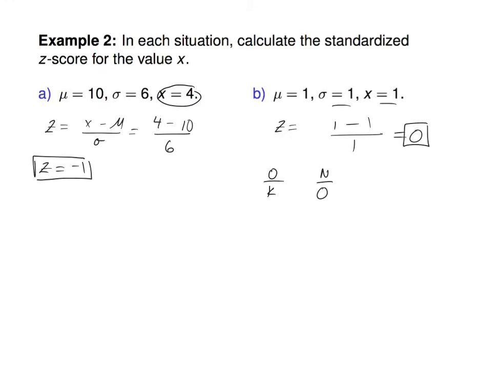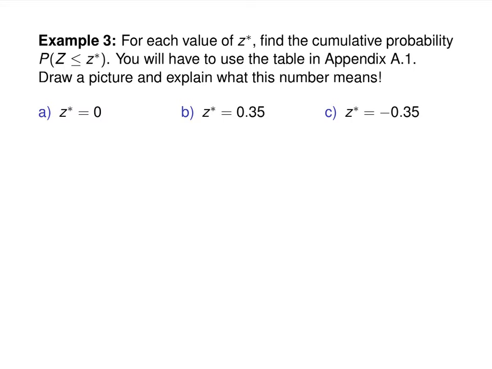Okay, moving on. Back to the statistics at hand. For each value of z star, which just means a specific z value, find the probability that some value you get is less than or equal to that number. So the probability that z is less than or equal to 0. I'd like to also see little pictures here, so I left you some space.